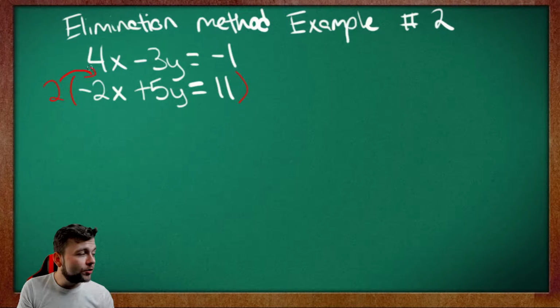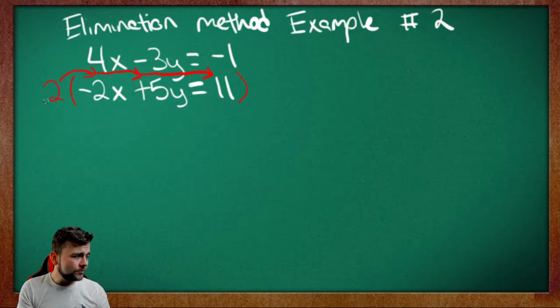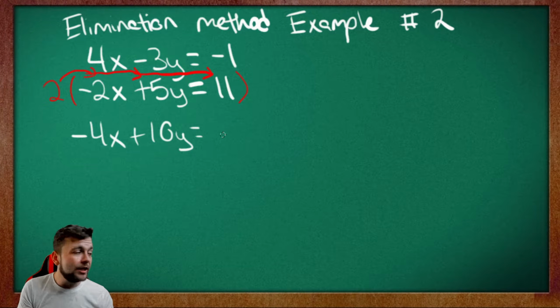We distribute the 2 through, all the way through. The entire equation has to be multiplied by 2. So 2 times a -2x, that is -4x. 2 times 5y, that is a +10y, equals 2 times 11 is 22.